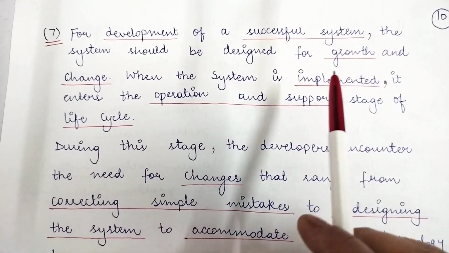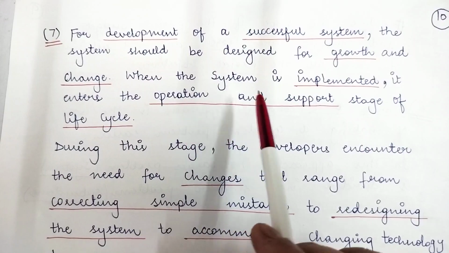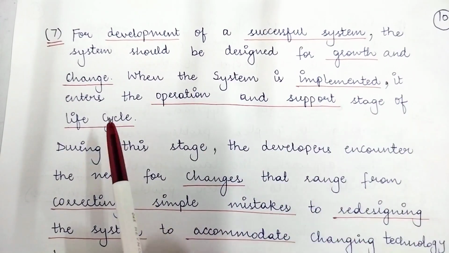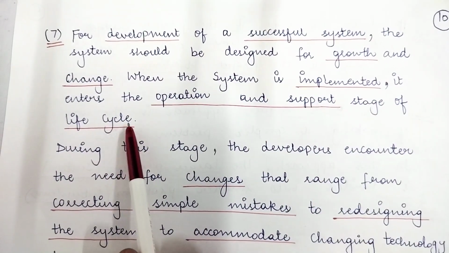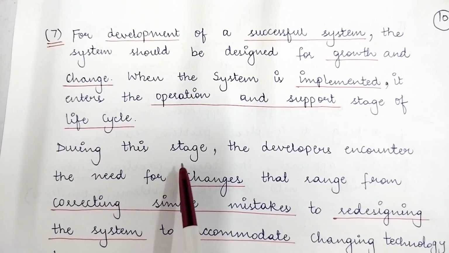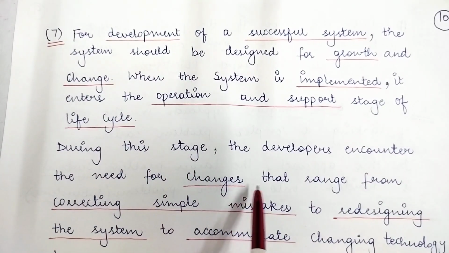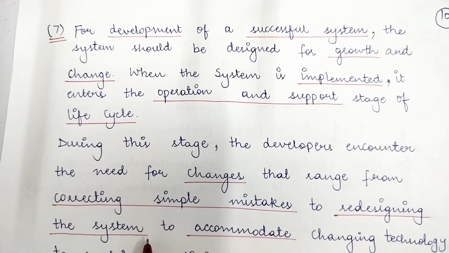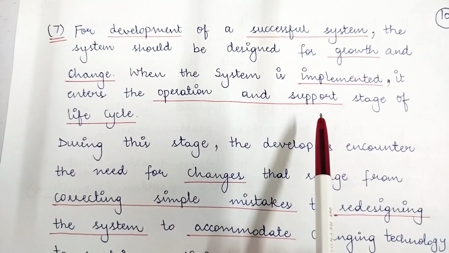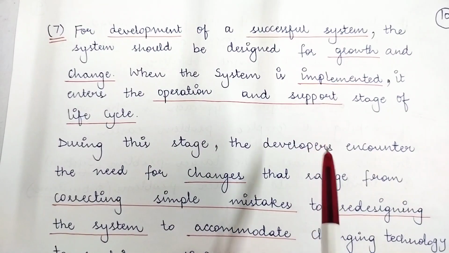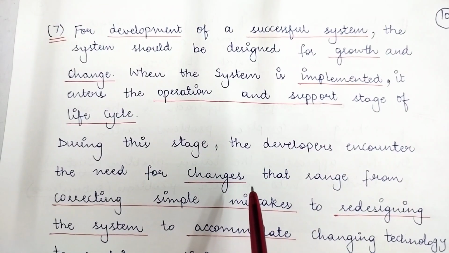So when finally you implement the system, it enters the operation and support stage of your life cycle, or the system development life cycle. Now during this stage, developers encounter the need for changes that range from correcting simple mistakes to redesigning the system.